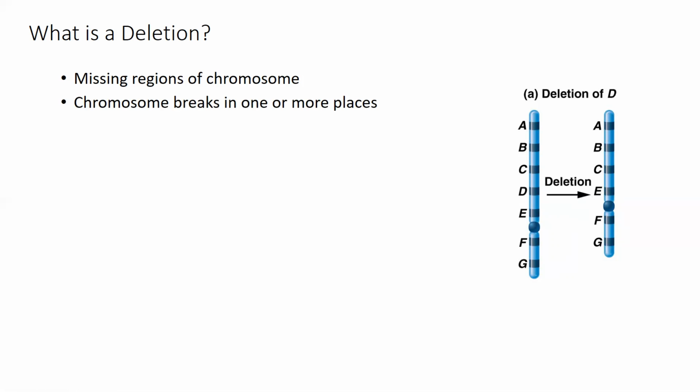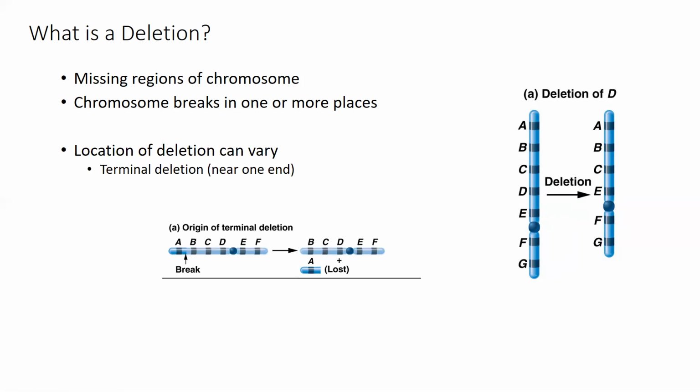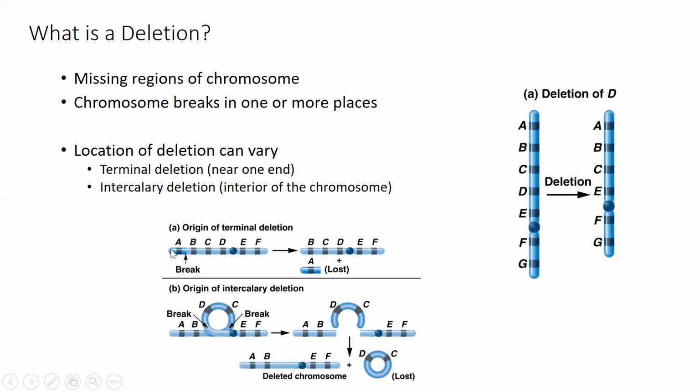Deletions occur when chromosomes break in one or more places. The location of the deletion can vary depending on what is going on. A terminal deletion would be near one end of the chromosome, or it can be within the chromosome itself, which is called an intercalary deletion.